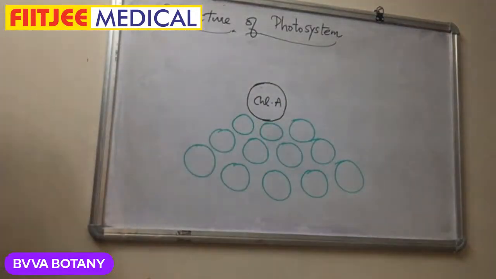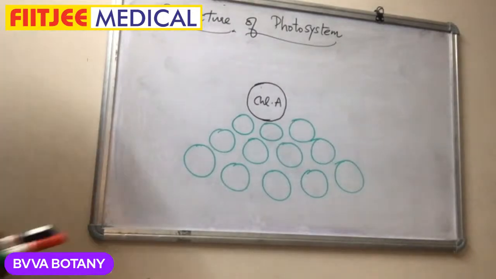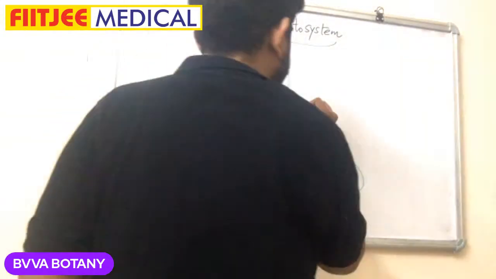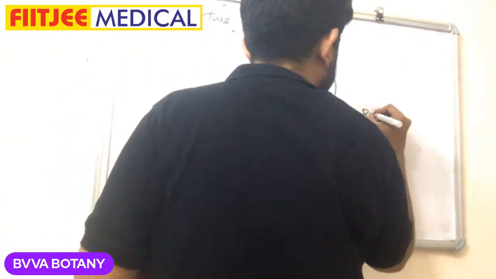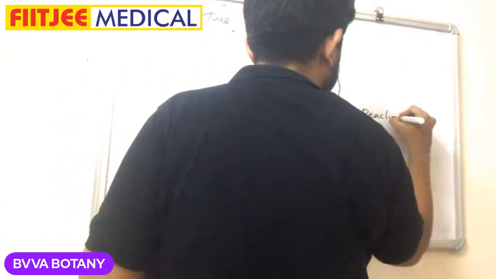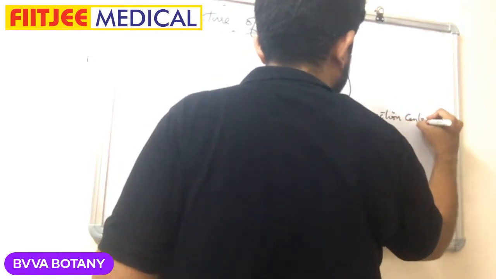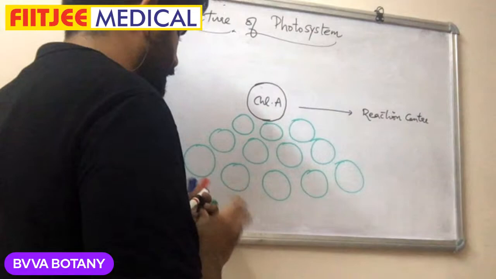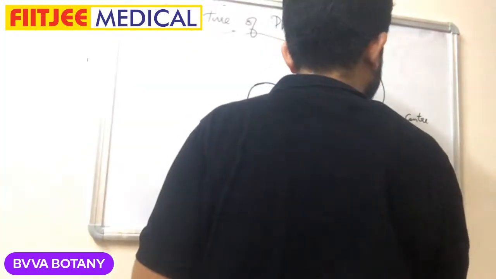Okay. So this is the reaction center, and this is the pigment and protein light harvesting complex.